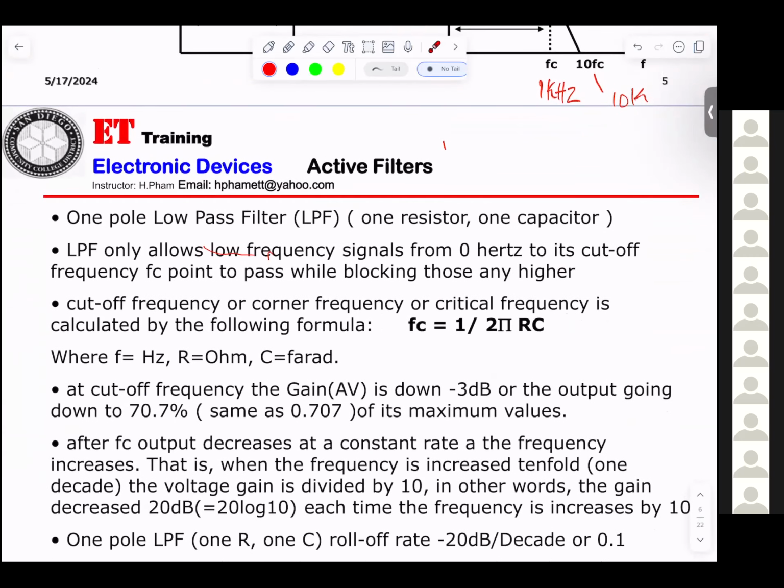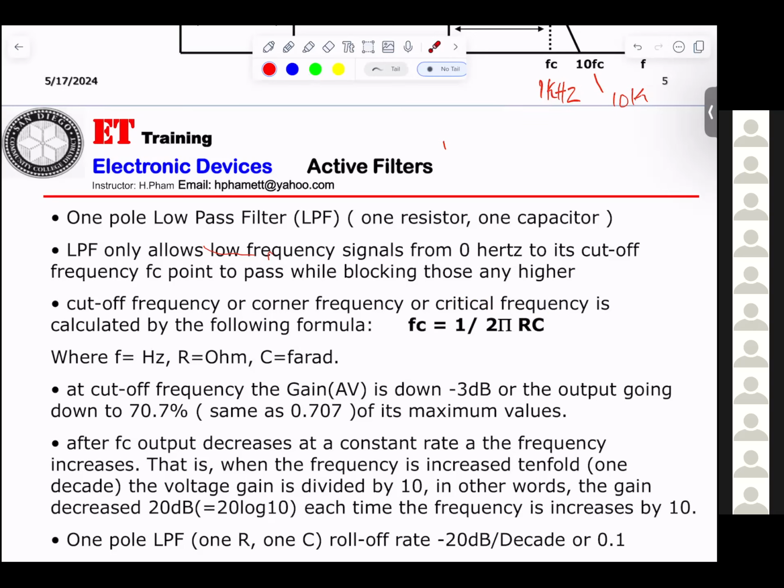Cutoff frequency, or corner frequency, or critical frequency, we already know. The FC can be called cutoff frequency, corner frequency, critical frequency, or stop frequency.